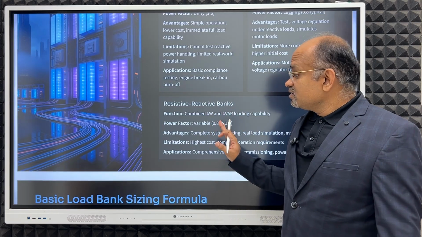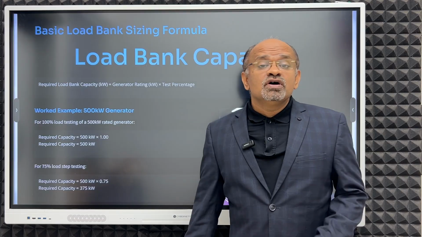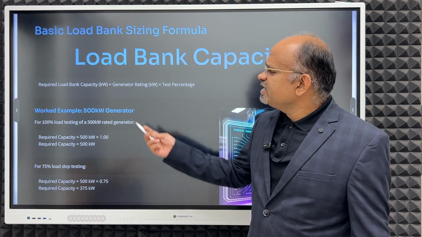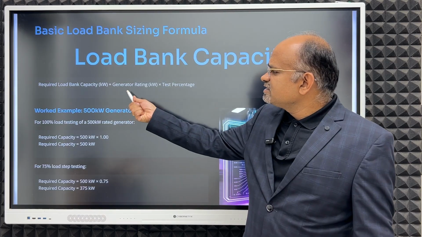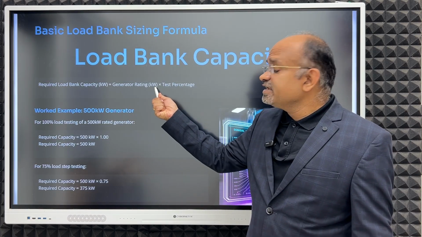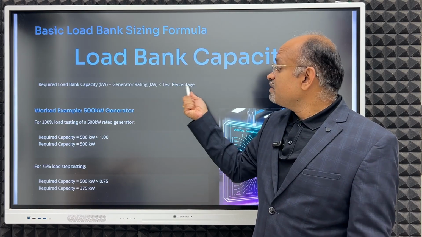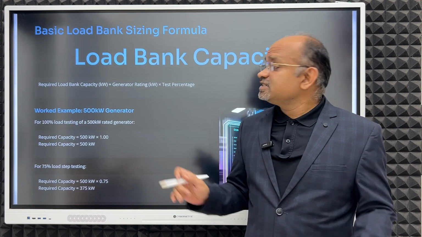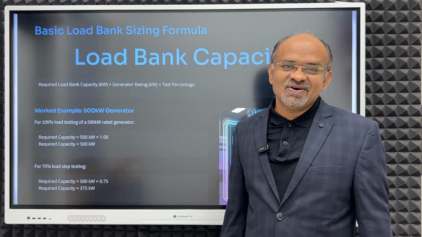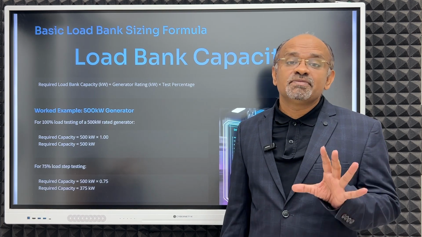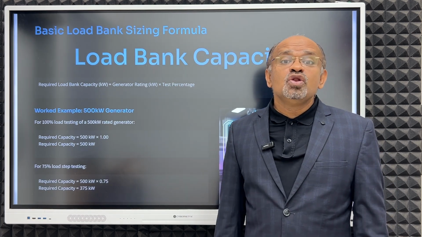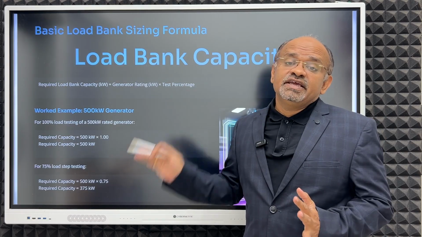So this is important. Now, basic load bank sizing formula. It is very simple. Required load bank capacity is equal to generator rating in kilowatt multiplied by test percentage. All the time we test at 100%, and you should have a bank which is 100% of the DG set load.